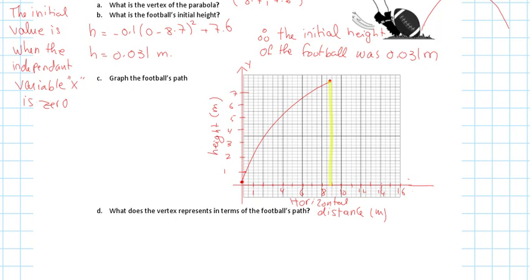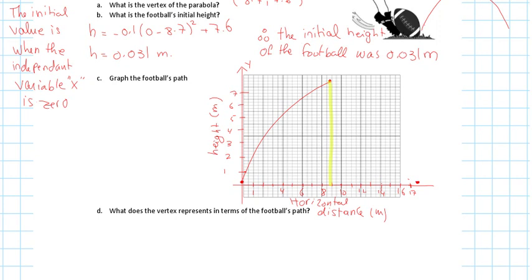Because of this symmetry. Okay? So, what's 8.7 plus 8.7? 17.4. So, it's going to be around here. It's going to be about 17.4 and 0.031, and that would be my second point.